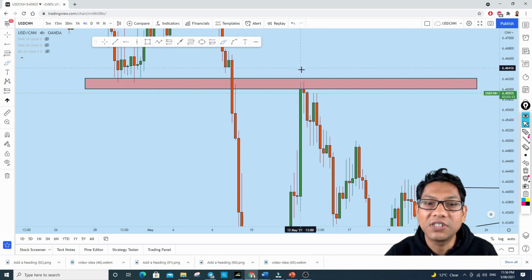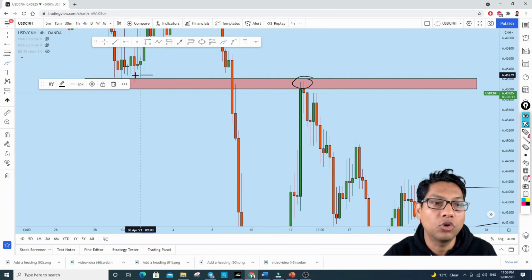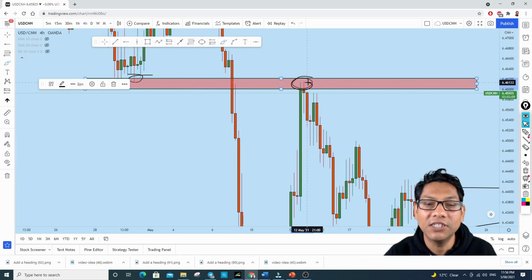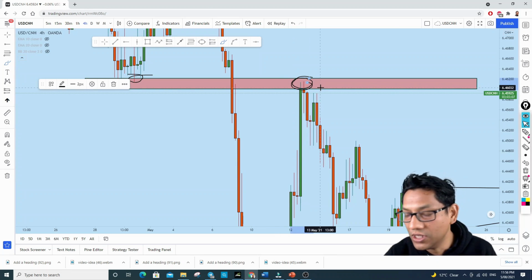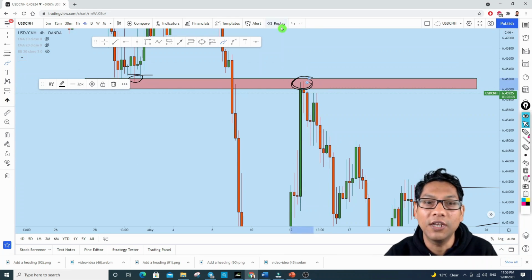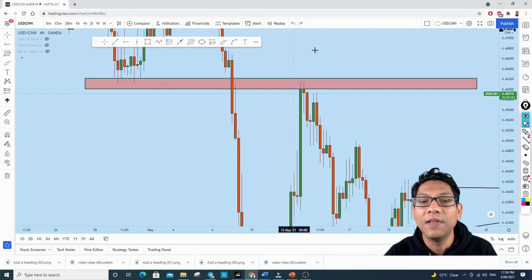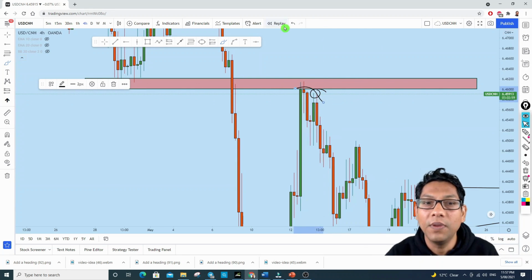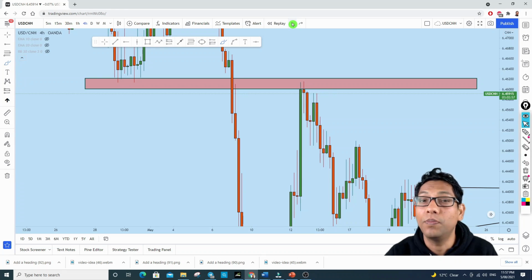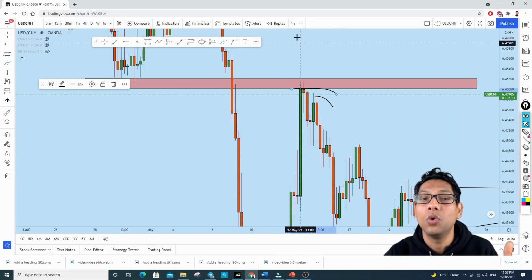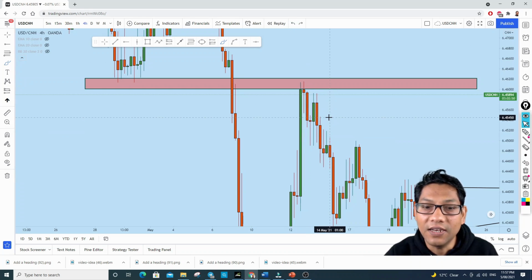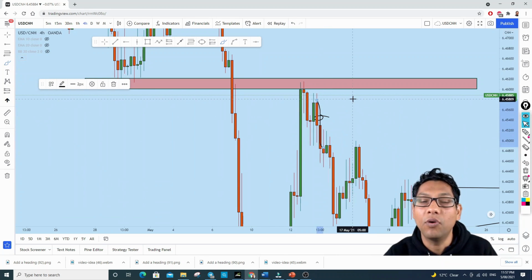Now the first criteria, it is on a strong level of support and resistance. If you go to the daily, you see that this is what it is. The next criteria is that the right top must be lower than the left top, and that is what happened. The right top is lower than the left. What is the third criteria? That this candle, the rightmost candle, must be standing out from the other candles.